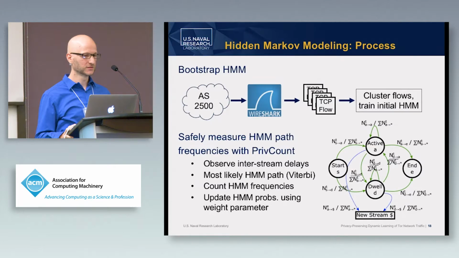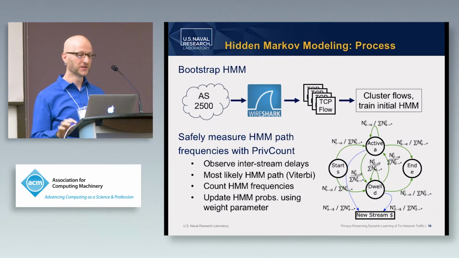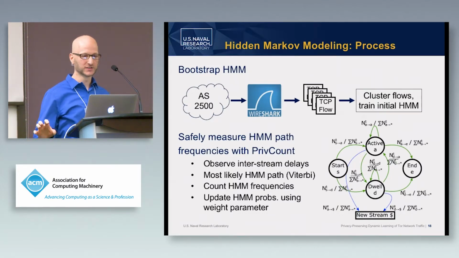So we use this tcpdump and we extract TCP flows from it, and then we can train based on those. We cluster the flows and train an initial HMM that represents what internet traffic looks like in that AS. And then our process is to take that initial internet-based HMM and put it into our PrivCount process.